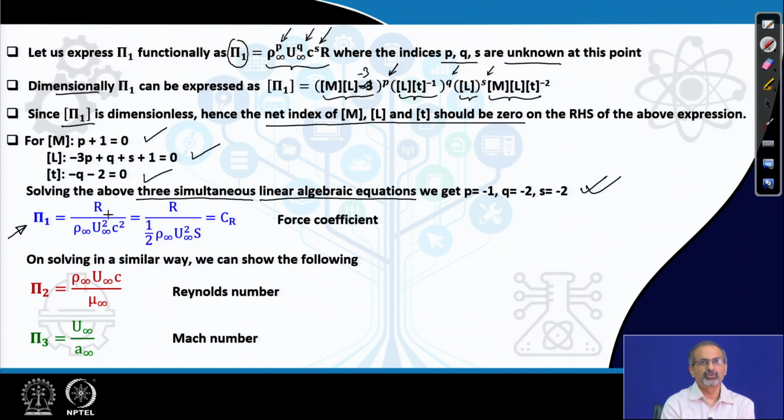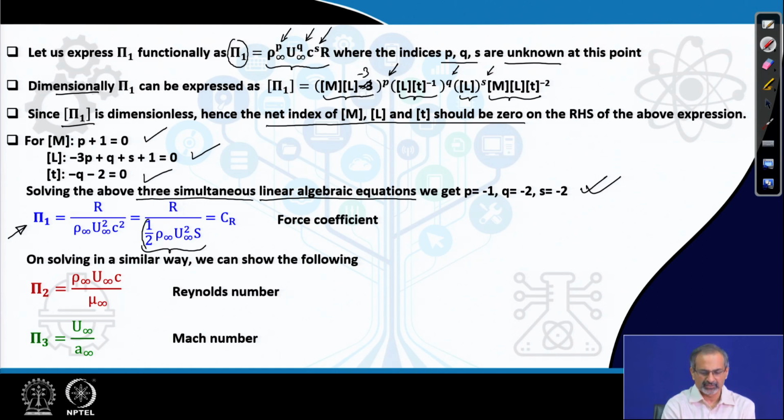Pi 1 has come out to be R by rho infinity u infinity square c square, which can be rewritten like this without affecting the dimensionality, because you still have a non-dimensional group here.